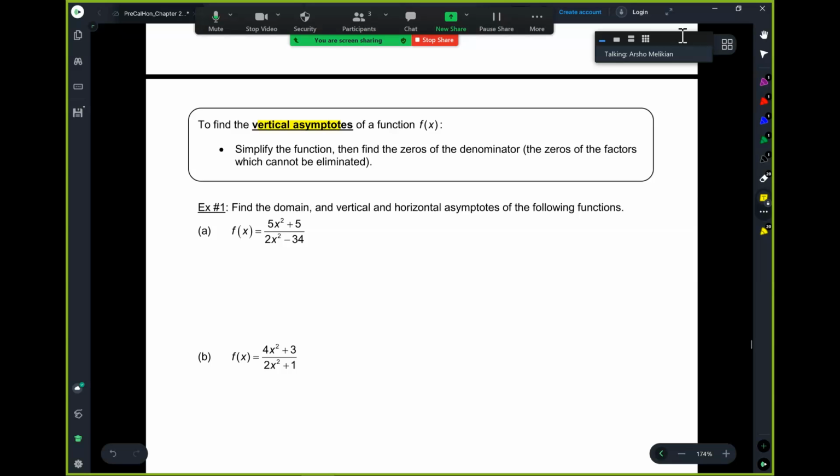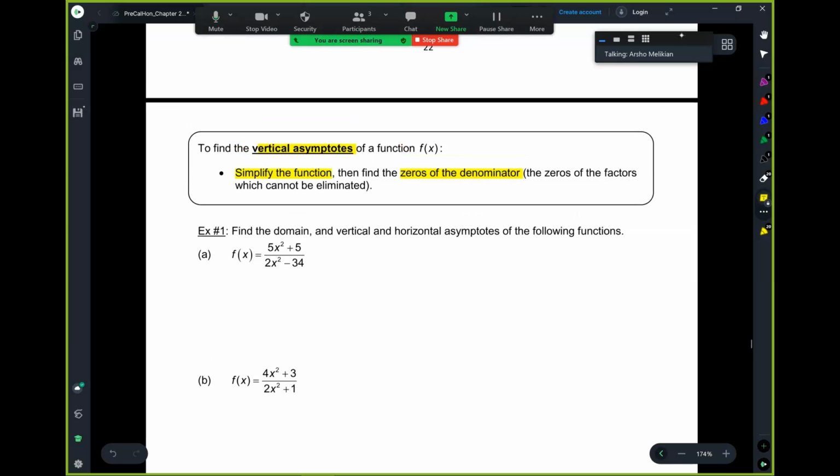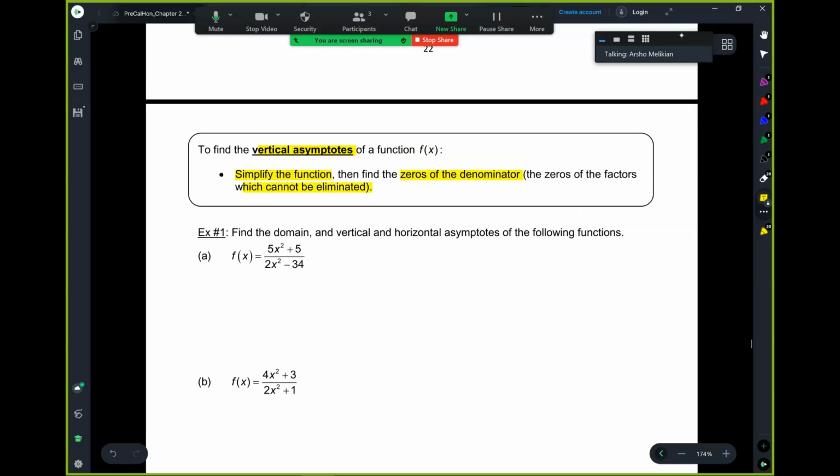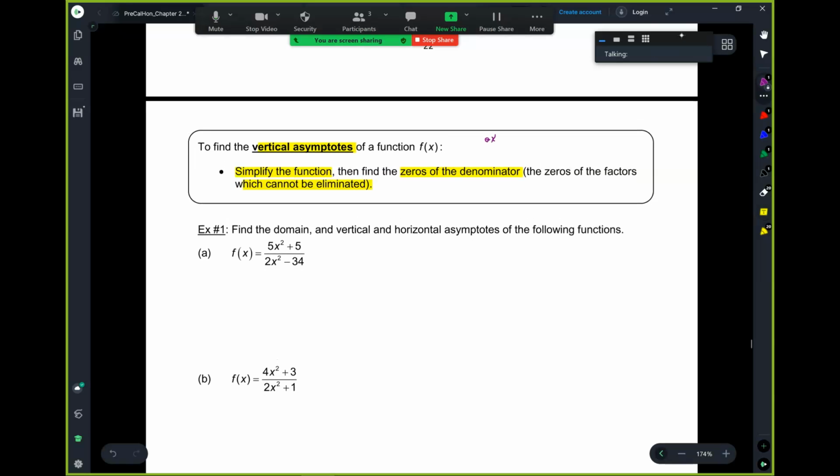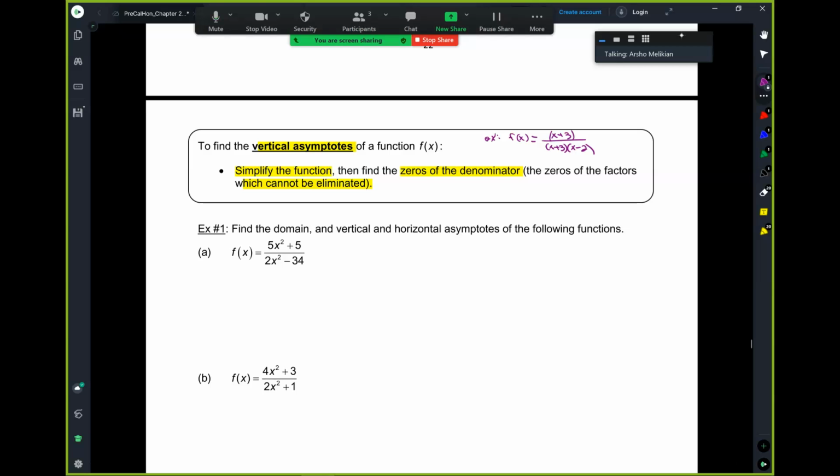Vertical asymptotes, you simplify the function, and then you find the zeros of the denominator, right? But it's got to be the factors that cannot be eliminated, right? So for example, if f of x is equal to x plus 3 over x plus 3 times x minus 2, which one here gives you a vertical asymptote?